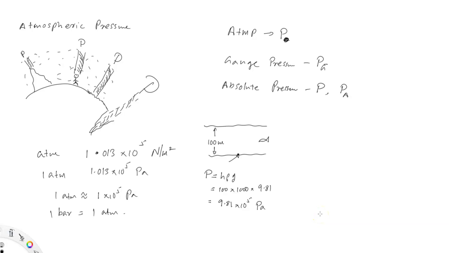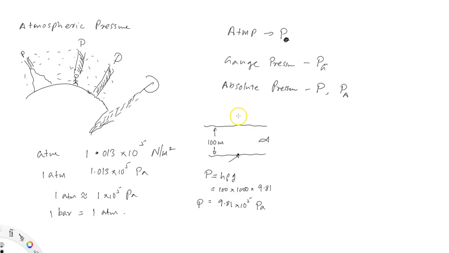So when I say the pressure is 9.81 times 10 to the 5 pascals, what is this pressure? This is just the pressure due to the liquid. So we can say it's the liquid pressure, due to the liquid.